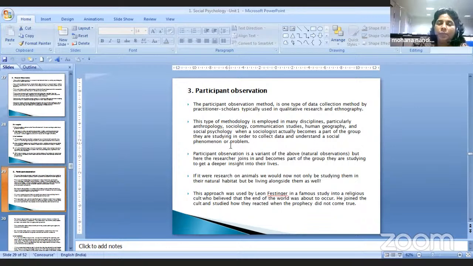We'll start the study. This approach was used by Leon Festinger in a famous study into a religious cult who believed that the end of the world was about to occur. He joined the cult and studied how they reacted when the prophecy did not come true. What this person studied was, when the world is going to end, how the people will behave, what kind of situation they will face, how they spend their life.